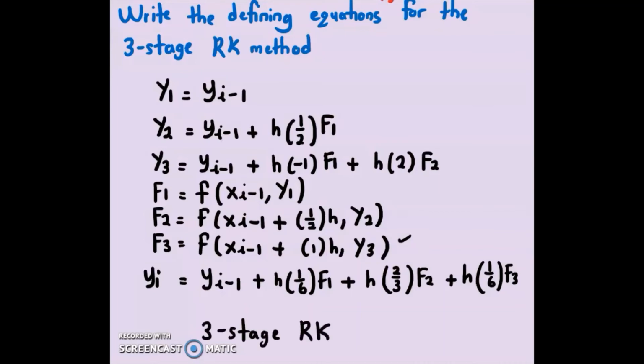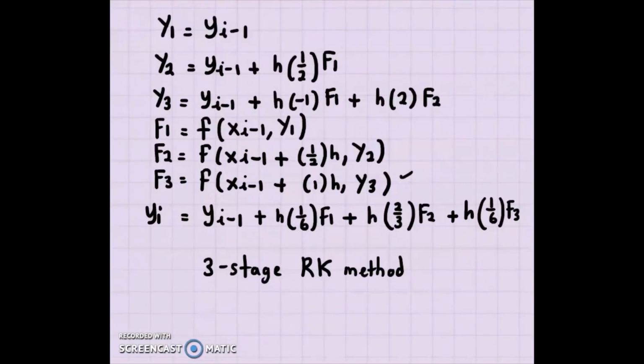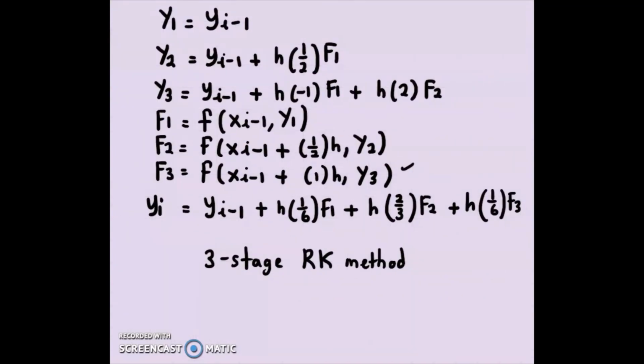So you can see that if you're given a Butcher tableau in this form, C, A, B transpose, I can write the defining equation.